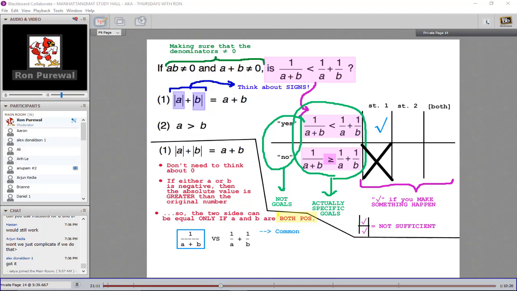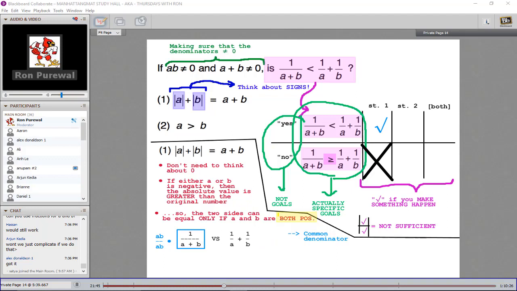Let's see. Everybody's common denominator would be ab times (a+b). So we've got to multiply by that, and then we've got to multiply both of these by a+b at the top and bottom. Okay, let's see what we get. Sorry, we've got to do more than that.